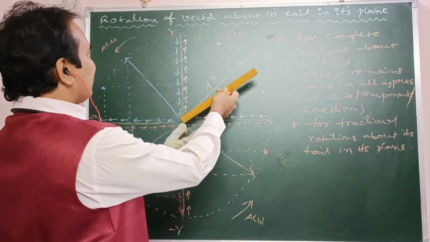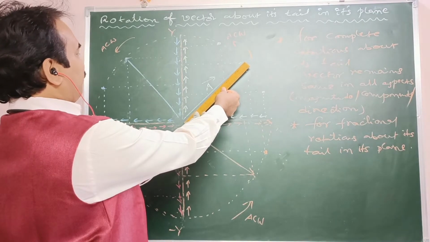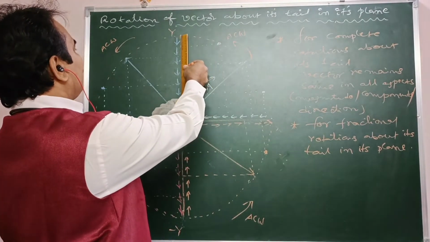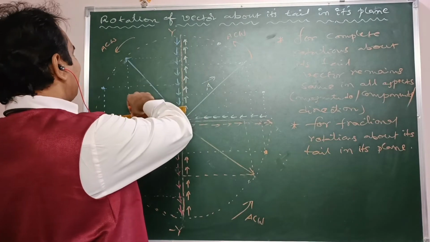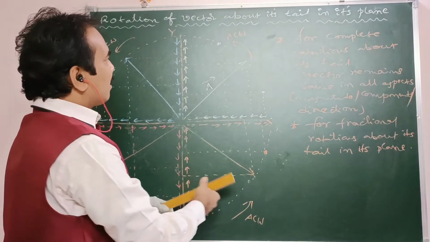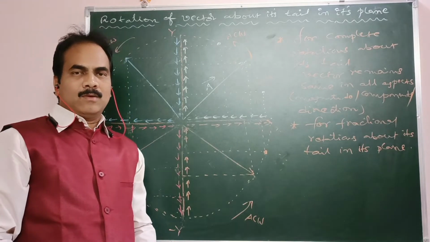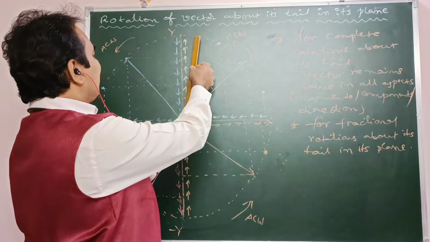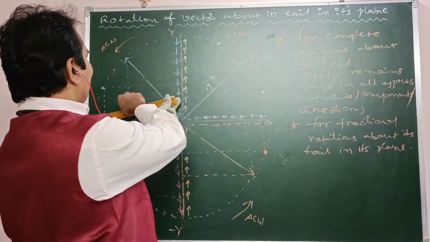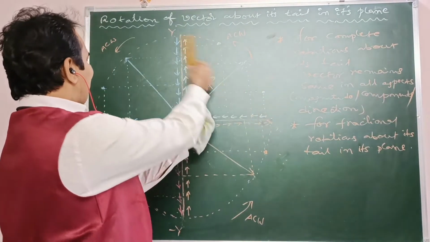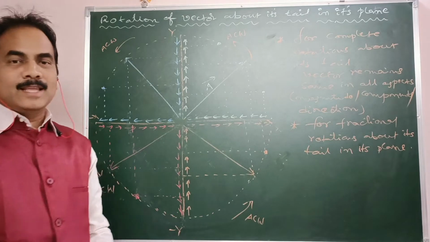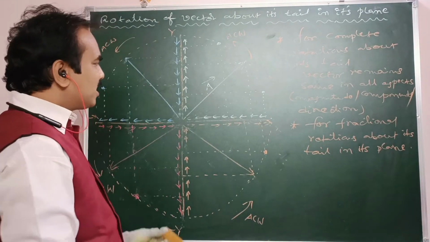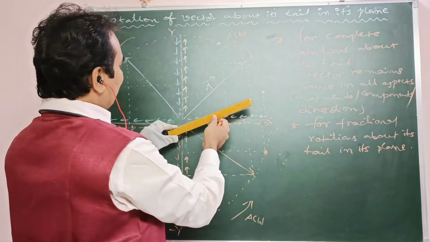Fractional rotation means initially this is the position of vector, it is rotated like that, otherwise like that, otherwise like that. Means we are not going for complete rotations. We are going for 1/4 of rotation from here to there, or half of the rotation from here to there, otherwise 3/4 of rotation from here to there, like that. Incomplete rotations. In that case, components must change.